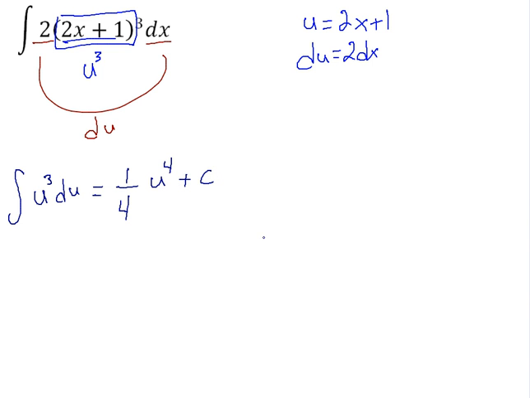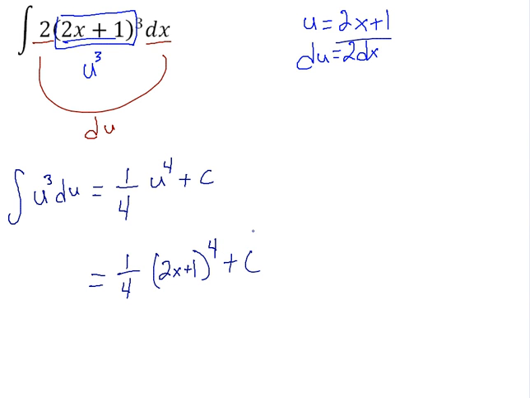And now we want to undo the substitution that we did originally. We originally said u was equal to 2x plus 1. So let's put the 2x plus 1 back in, and this is going to be 1/4 times the quantity 2x plus 1 raised to the 4th, plus c. We don't have to change c, because c is just some constant of integration.